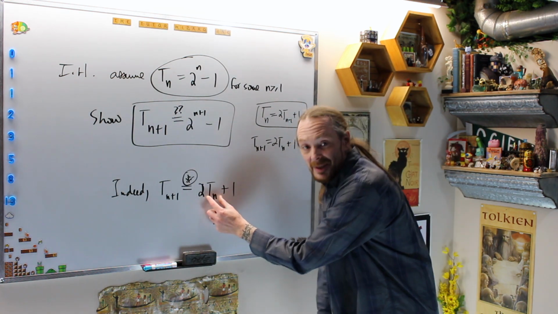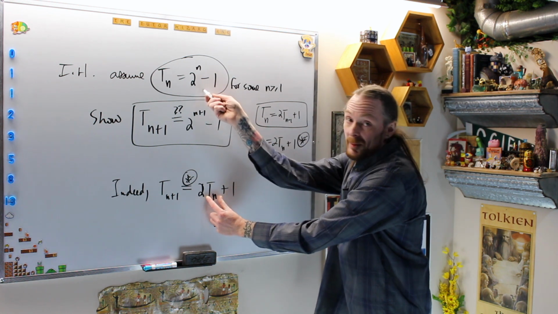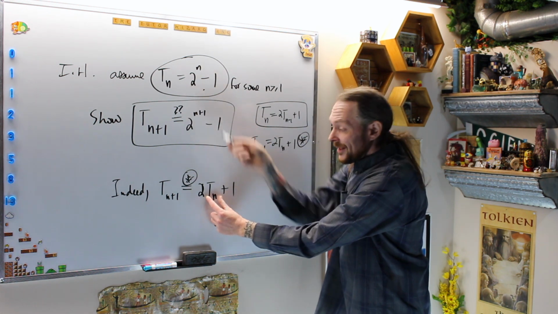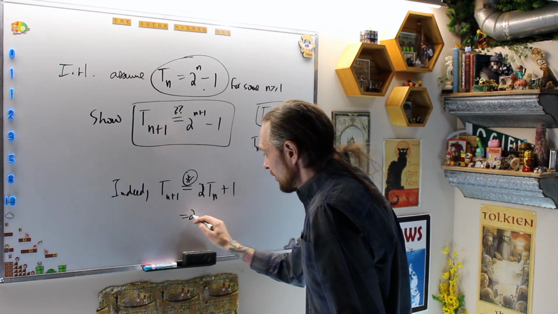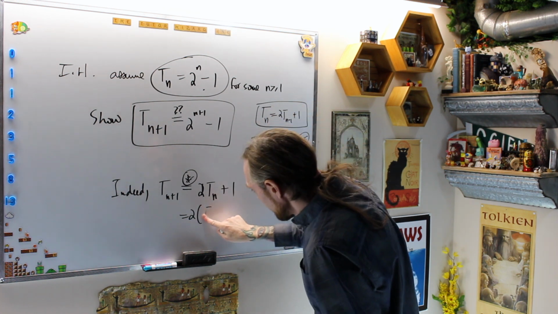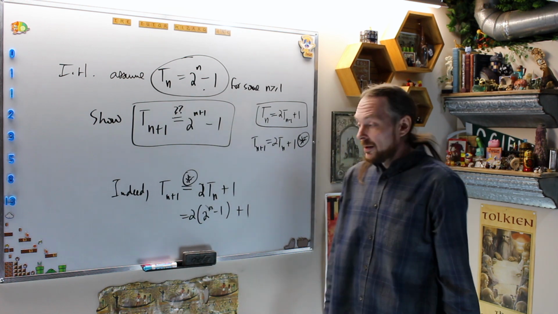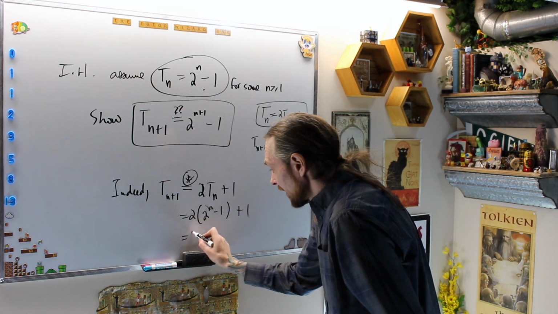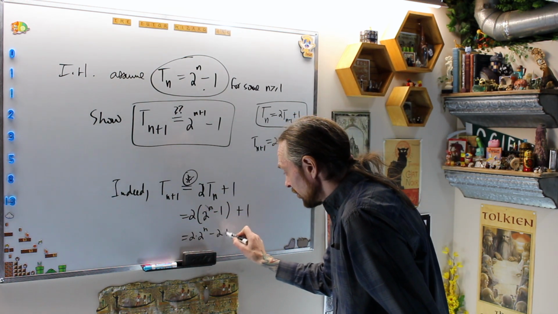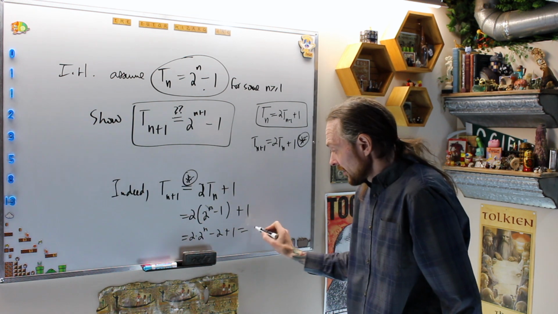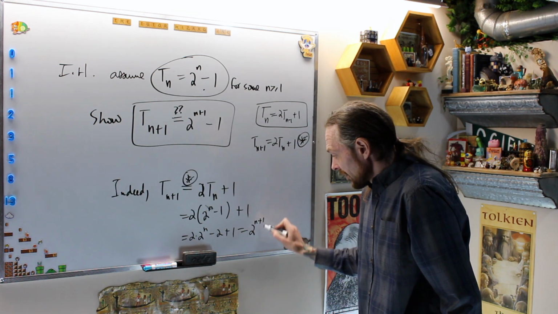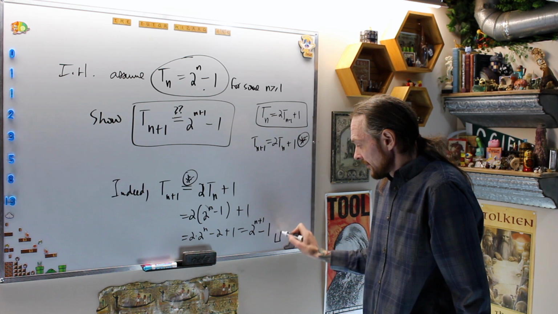Because now I've assumed something about the inductive hypothesis. I know something about Tn. It's 2 to the n minus 1, and I can put that in there. So it's now 2 times 2 to the n minus 1, plus 1. And then FOIL everything out. That gives me 2 times 2 to the n minus 2, plus 1, which by exponent laws is 2 to the n plus 1 minus 1.